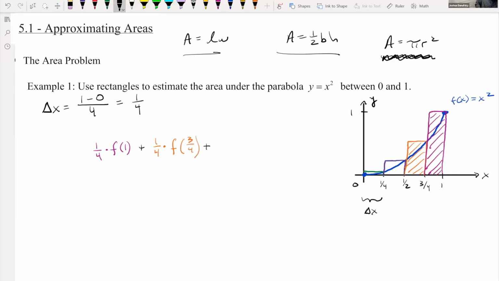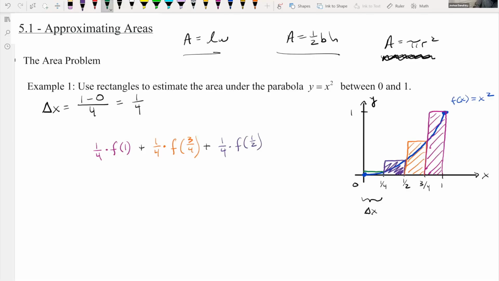And then we'll continue on to the purple rectangle. That also is going to be the base 1/4 times the height where our rectangle goes up to the curve at x equals 1/2. So that height is going to be f of 1/2.